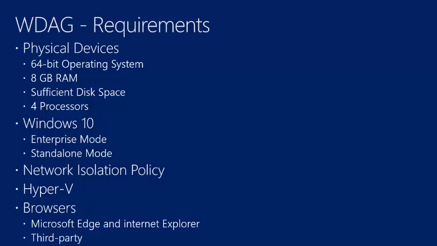This is a component that you must have configured in order to make Application Guard work. Absolutely have to. As I go through the demo, you'll get a good flavor of how this works, but it's not going to be a huge, robust configuration, because that's really not the point. But I do have isolation policy in place because it would not work without that.